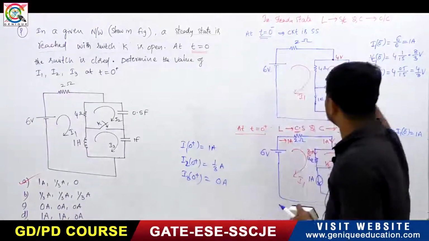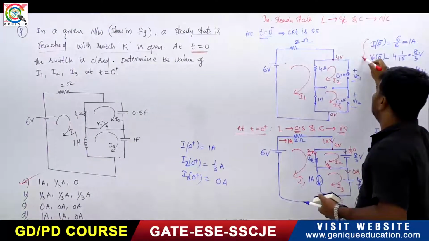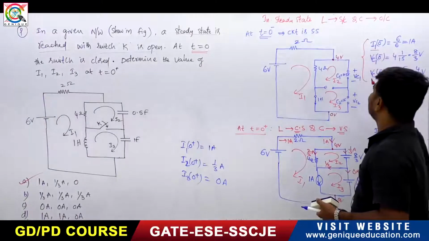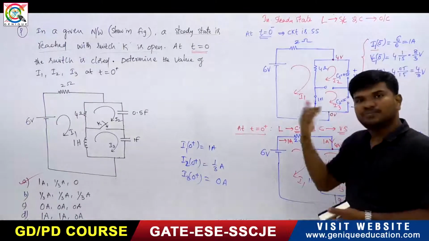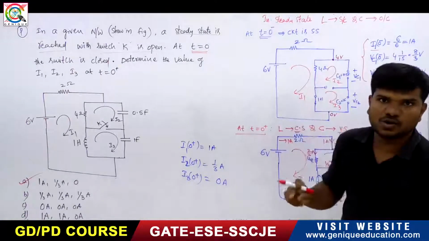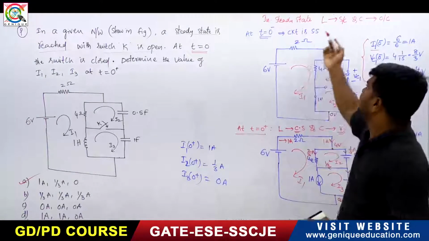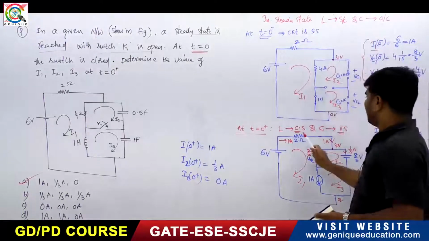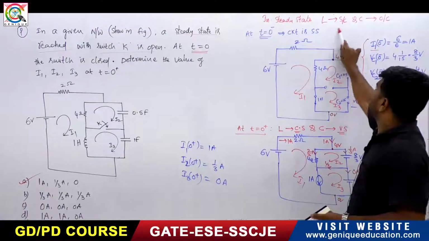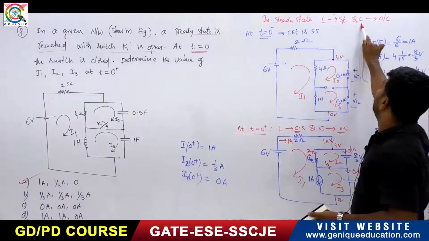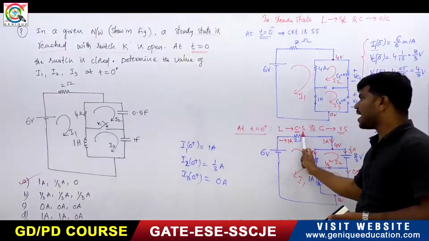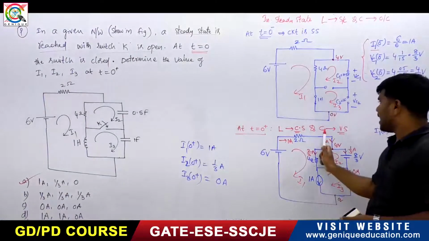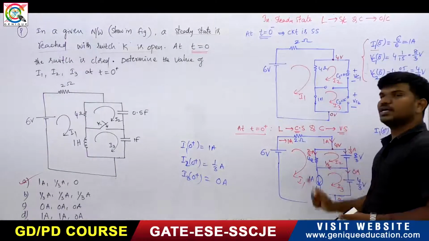So we calculated the inductor current and capacitor voltage, and the same will be equal at t equals 0 plus also. Inductors are short circuited and capacitor is open circuited, but at t equals 0 plus, the inductor is acting as a current source and capacitor is acting as a voltage source.